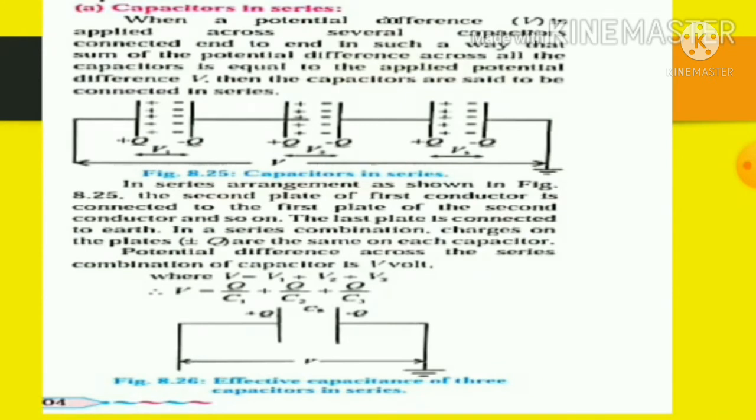V1 is the potential across the first capacitor C1, V2 is the potential across the second capacitor C2, and V3 is the potential across the third capacitor C3, in the series arrangement as shown in figure 8.25.